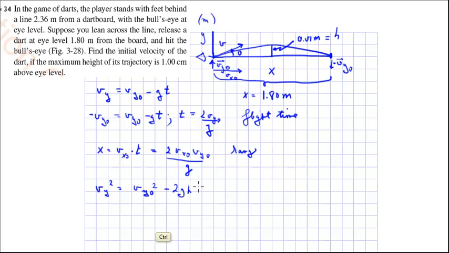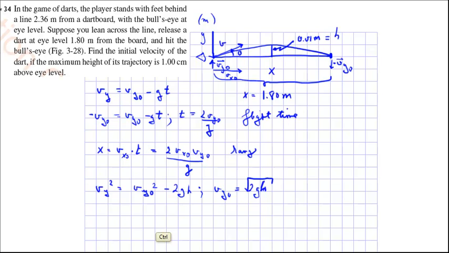And so that gives me Vy naught equal to the square root of 2 times g times h.